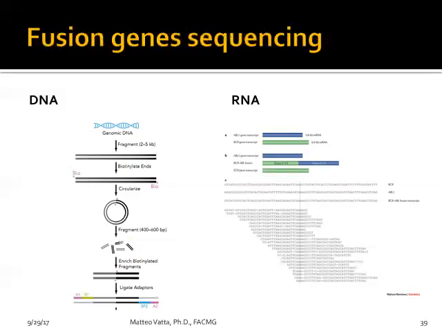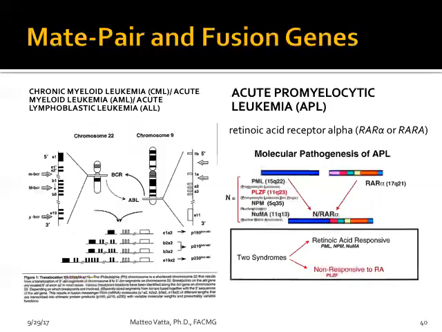And this approach has been found to be extremely useful in fusion gene diseases, like CML, or chronic myeloid leukemia, and ALL, that is acute lymphoblastic leukemia.